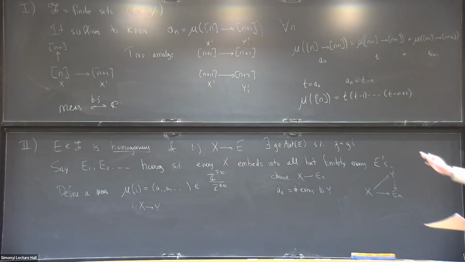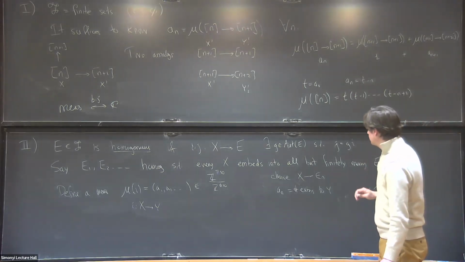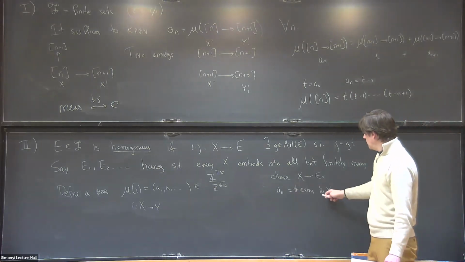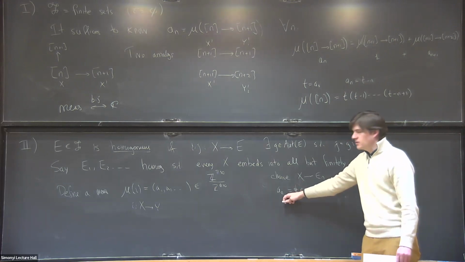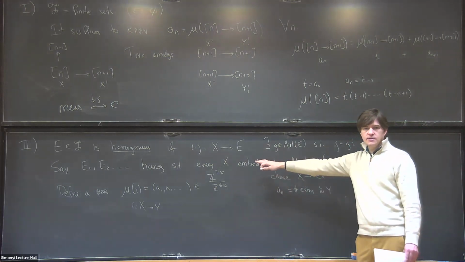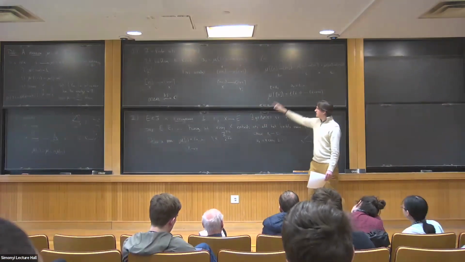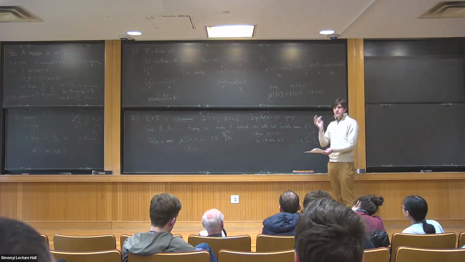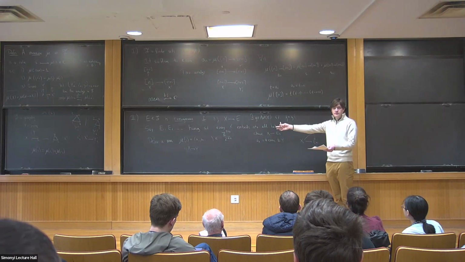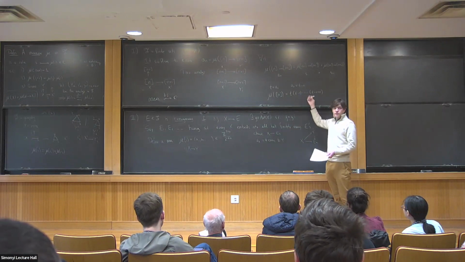Okay, and it's easy to check formally from our assumptions that this does define a measure. And if you go back to the symmetric group case, this a_n is going to be some polynomial function of n. Just imagine the case when X is empty, and E_n is the n element set. Then we're just counting the embeddings of X into the n element set, and that's given by this formula.